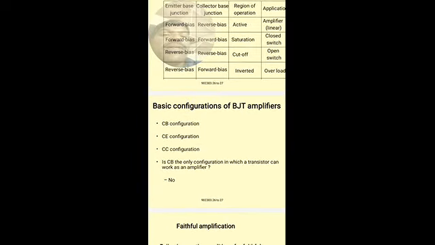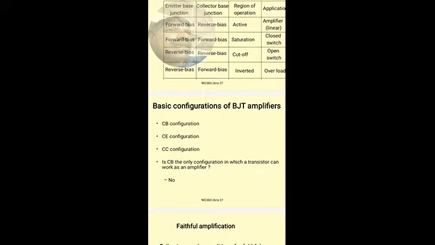So, the configurations of a transistor: because we have three terminals for the transistor, making one terminal common between the input and output, we can make any of the three terminals, emitter, base and collector, common.